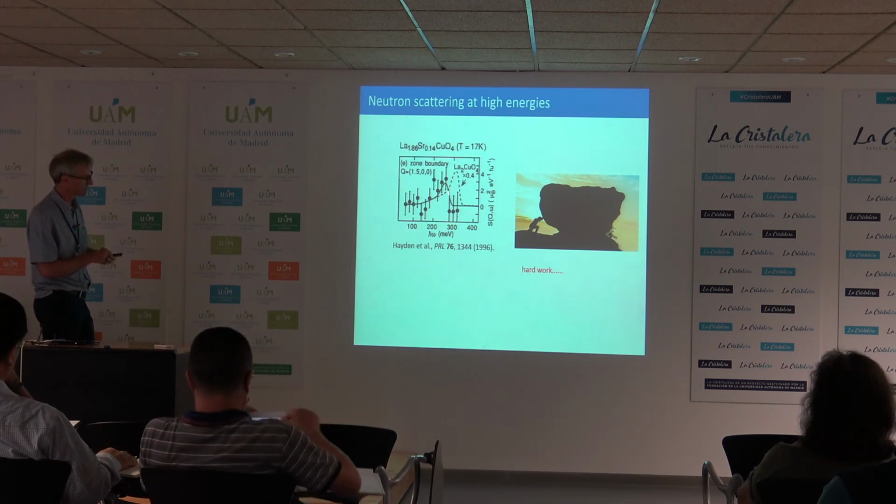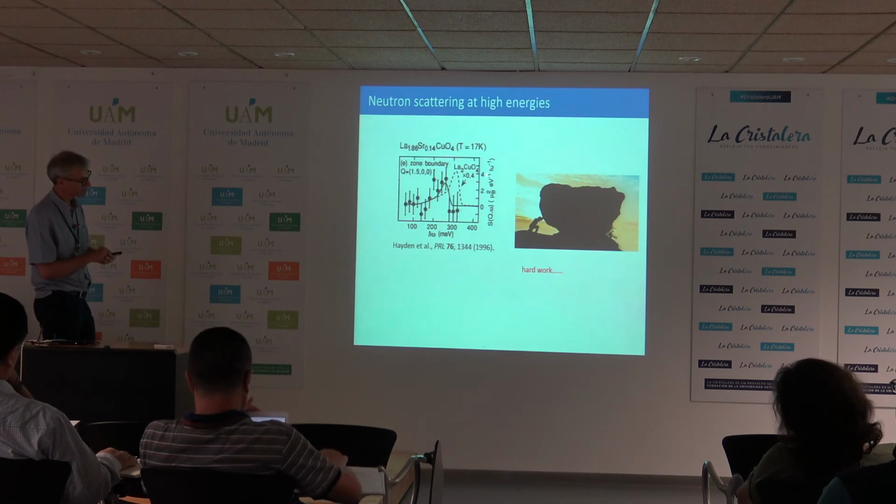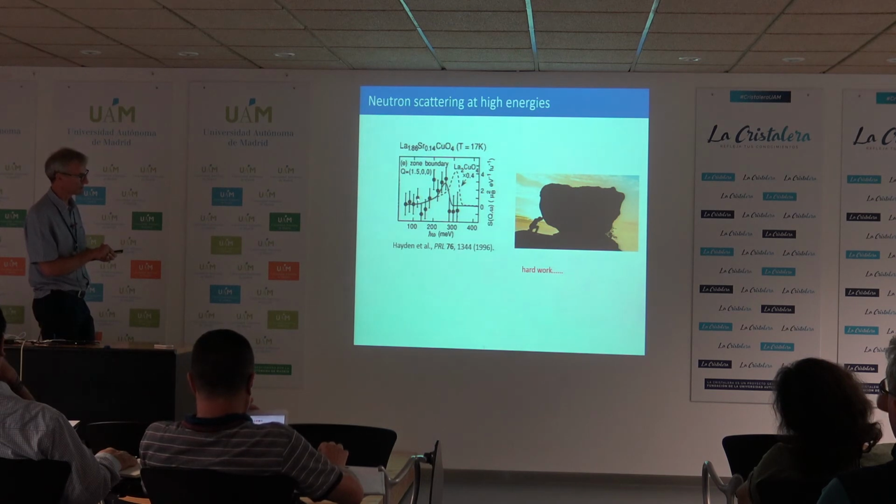But there is still an excitation with neutrons. We've checked our intensity now against this old data, so the two probes are absolutely consistent. It's just very hard work to measure the high energy excitations with neutrons.